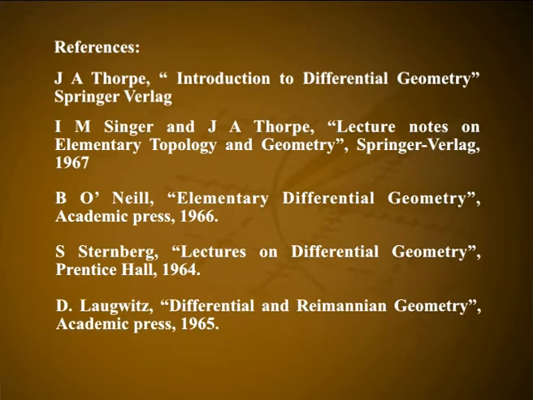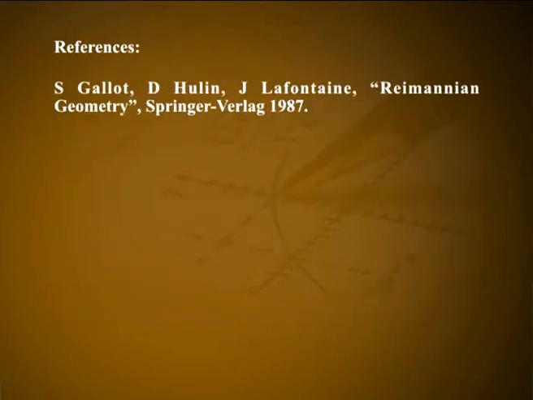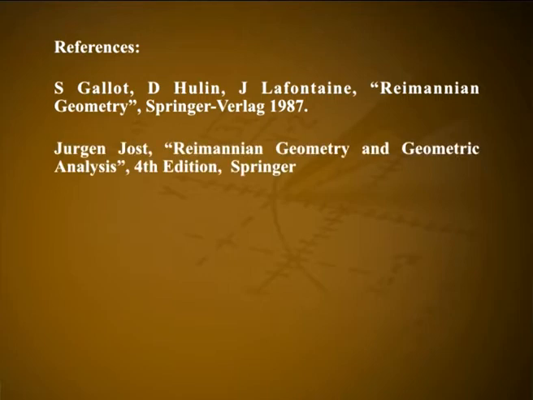Fifth one, Differential and Riemannian Geometry by D. Lovelock, Academic Press, 1965. Sixth one is Riemannian Geometry by S. Gallot, D. Hulin and Lafontaine, Springer Verlag, 1987. Seventh one, Riemannian Geometry and Geometric Analysis, 4th edition, by Jürgen Jost, Springer Verlag.